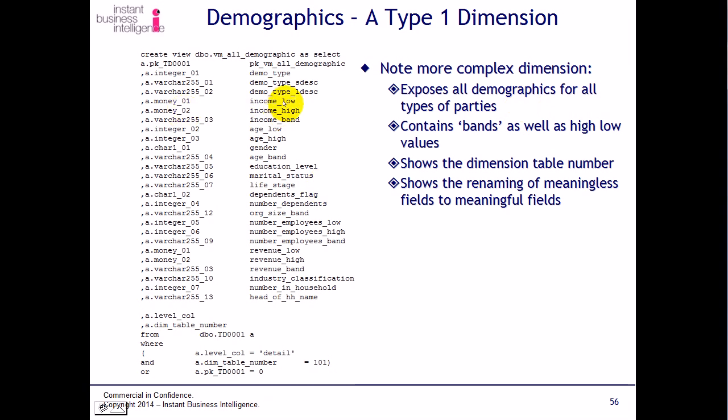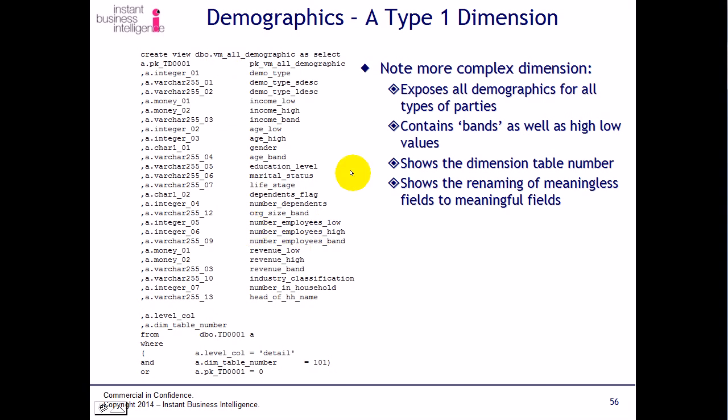Notice it contains things like income low, income high, then income band. Okay, age low, age high, gender, age band. So you can do your banding like this. Okay, you can have high, low, and banding. Okay, you can have industry classification, number in household, head of household name, things like that.